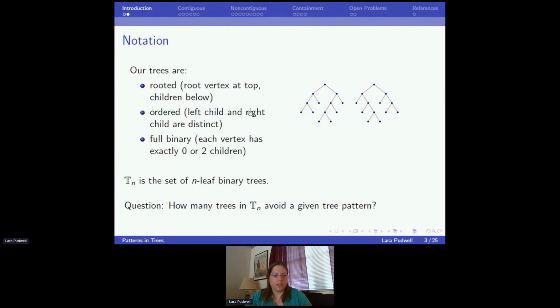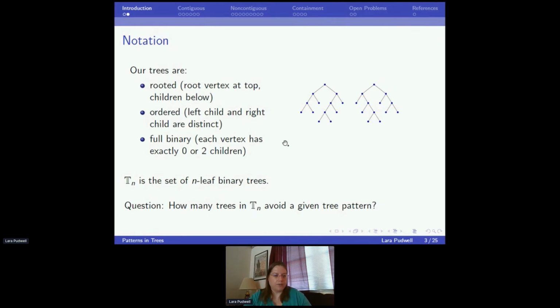So the left child of a vertex is different from the right child. There are some contexts where people might say the two trees here are the same, but because I'm talking about ordered trees, these are actually different. You can see that there are 5 vertices to the left of the root on this first tree, and there's 7 vertices to the left of the root on the second tree, and so those are definitely not the same.